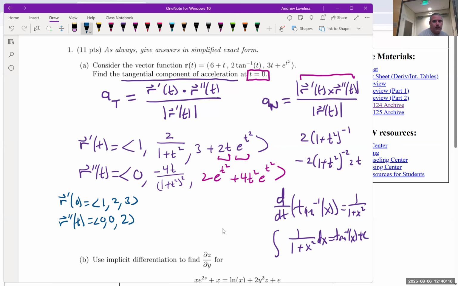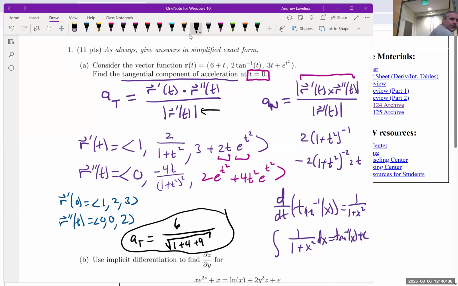It was kind of a boring question, because then you do the dot product of those two things, which is 6. So the tangential component is 6 divided by the length of your first derivative, the speed. That's just more of a straight, do you know the formula?